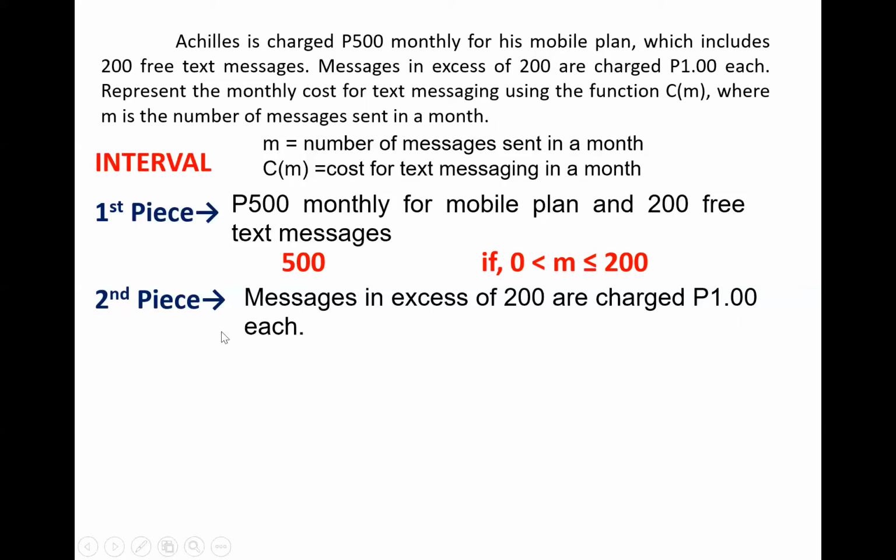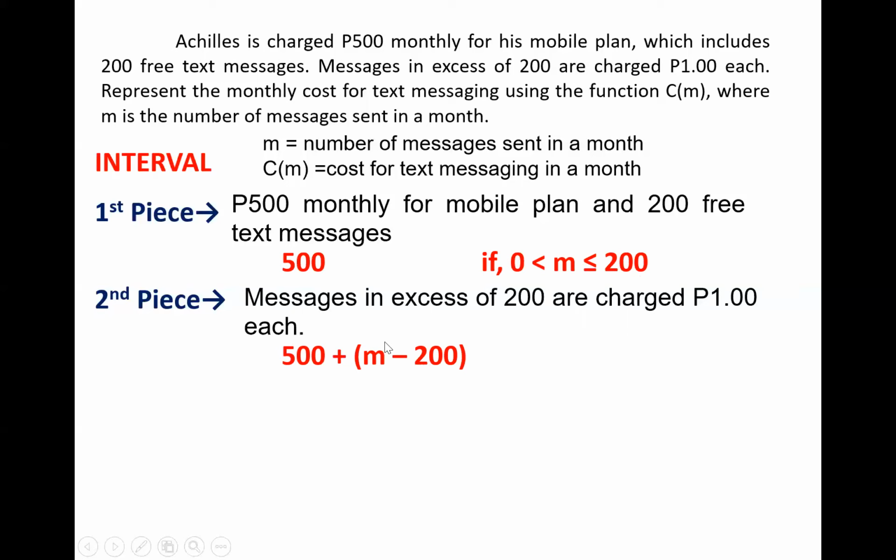Second piece, analyze and generate our subfunction. Sabi dito, mag-a-add ka sa 500 monthly costs ng mobile plan mo kung sosobra ka sa 200 text messages. Okay?